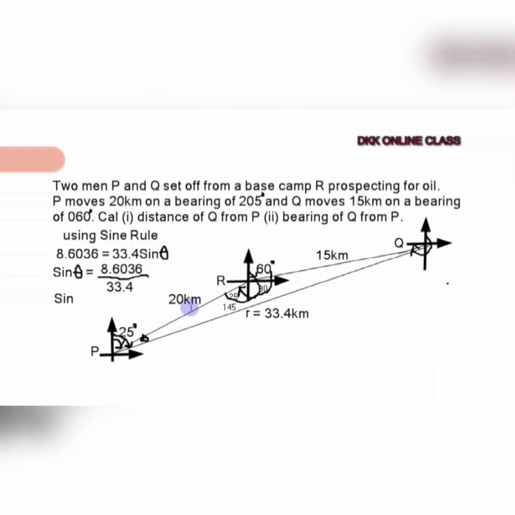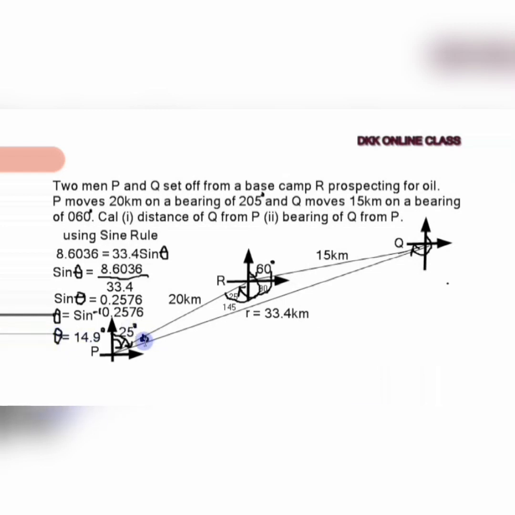So we have 8.6036 divided by 33.4. This gives 0.2576. To find theta, we take the sine inverse of the right hand side. So we have theta equal to sine inverse of 0.2576, which is 14.9 degrees.